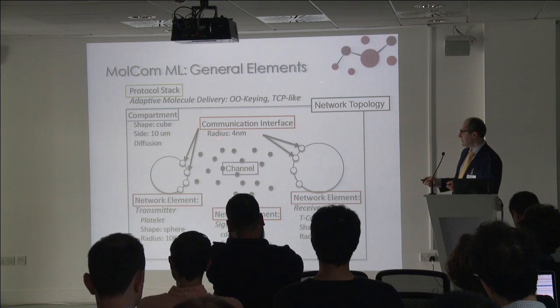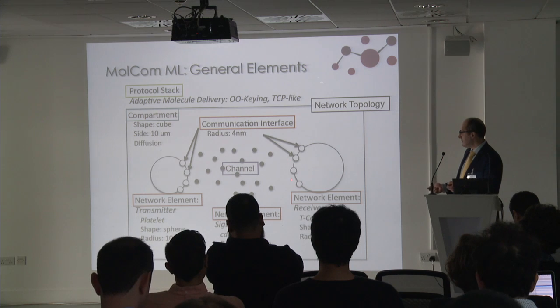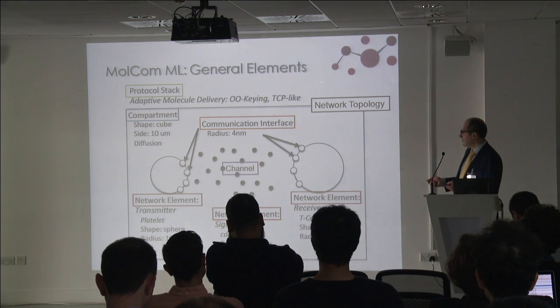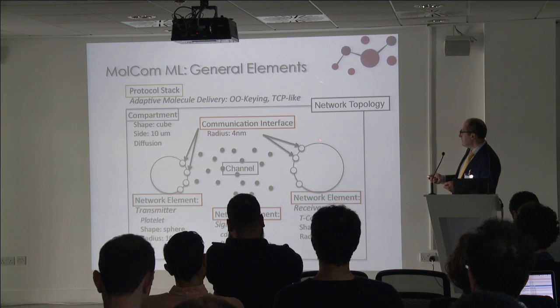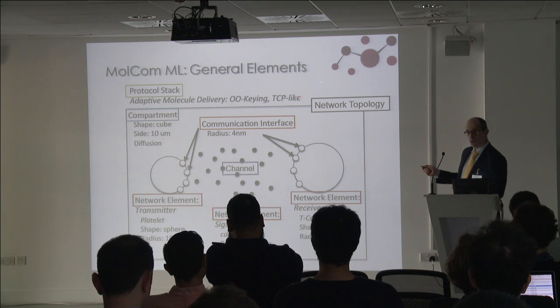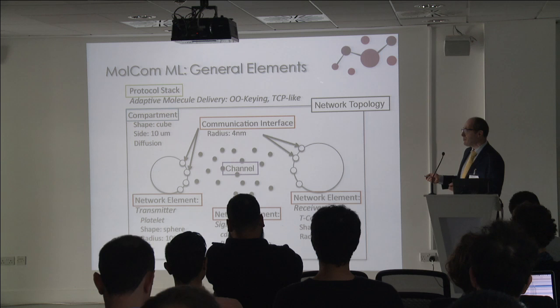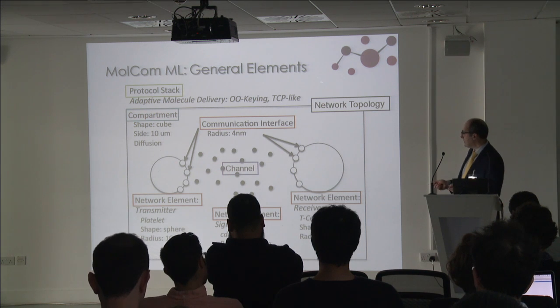These communication interfaces allow the transmitter to release carriers and allow receivers to receive carriers through the so-called receptors, biological receptors in cells. All these elements have to be organized in a specific network topology. So we have to place in the compartment, at given positions, the network elements with a specific coordinate system and with a specific orientation. This is very important.